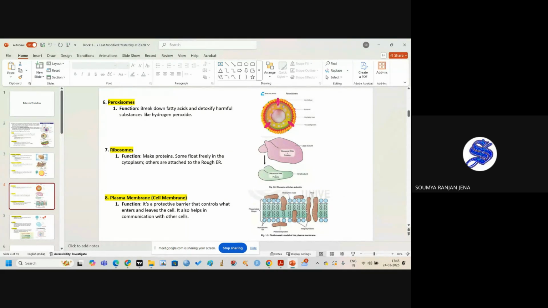If you go to the structure of the cell membrane, it is a phospholipid bilayer structure, and on the outer side there is an extrinsic protein. These are intrinsic or integral proteins, and these are peripheral proteins. During the signaling process, these proteins help in communication with other cells, or in diffusion of different gases or signaling molecules through the plasma membrane.